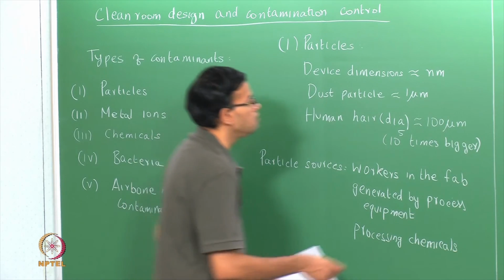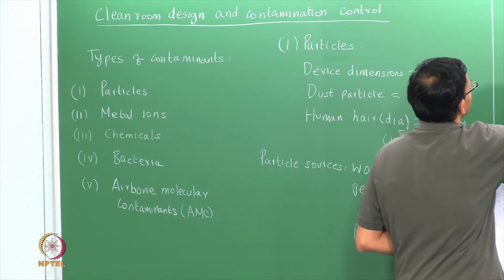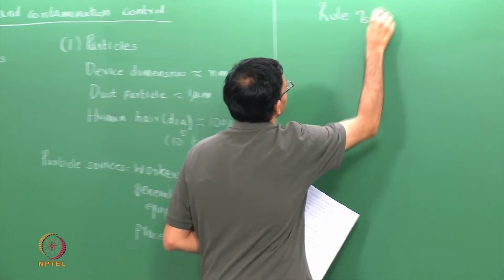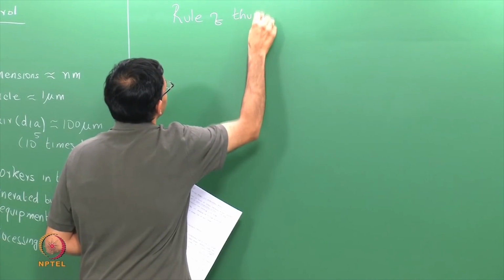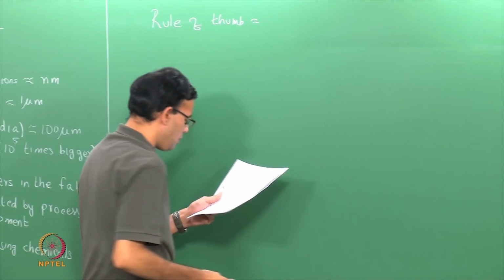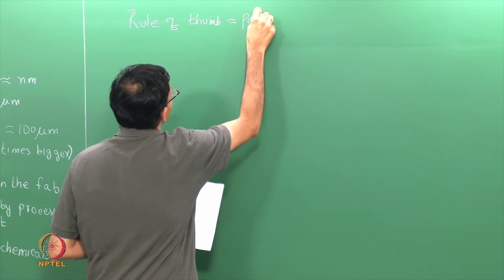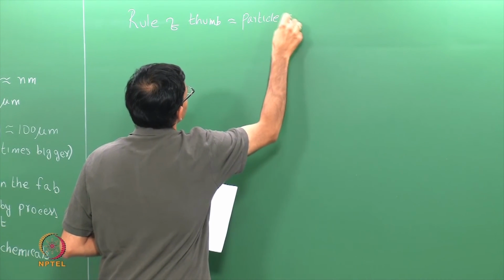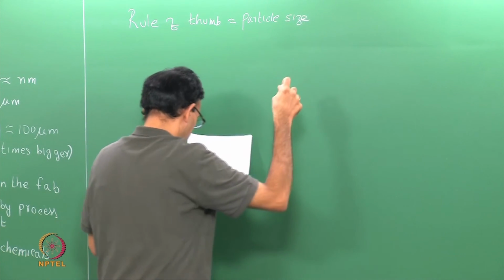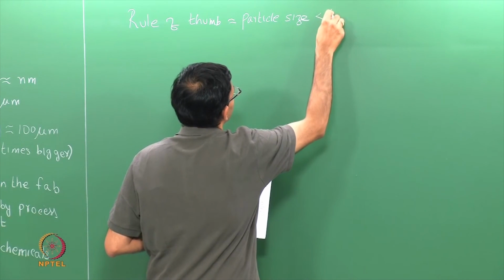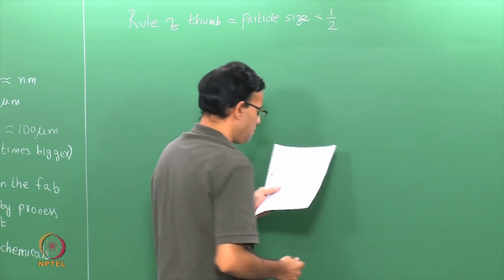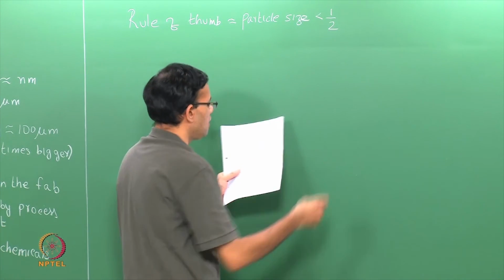A rule of thumb states that the acceptable particle size must be less than half the first metal layer half pitch.